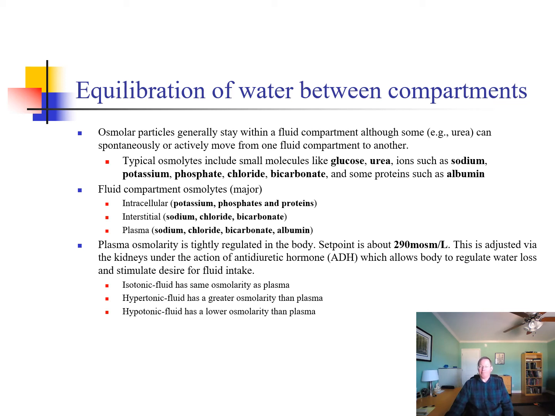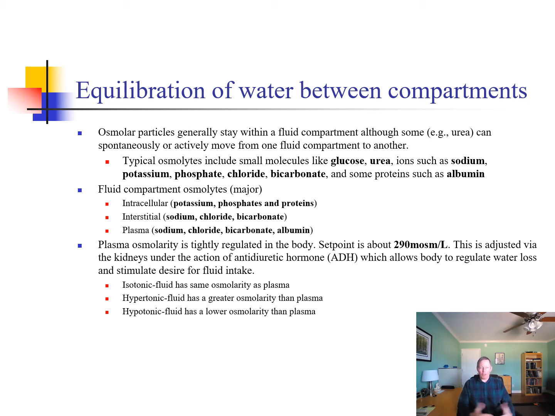Now, I will tell you that sometimes physicians don't speak precisely about this. So, for example, when I say an isotonic fluid, it may not have an osmolarity of 290 milliosms per liter, or maybe the person has an osmolarity of 300 milliosms per liter, and therefore the isotonic fluid would typically have an osmolarity of 300 milliosms per liter.